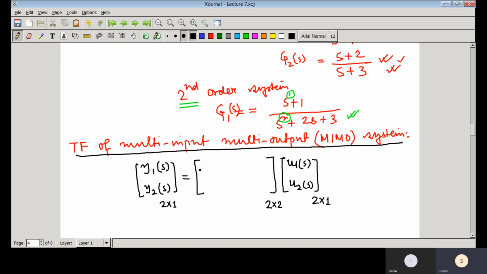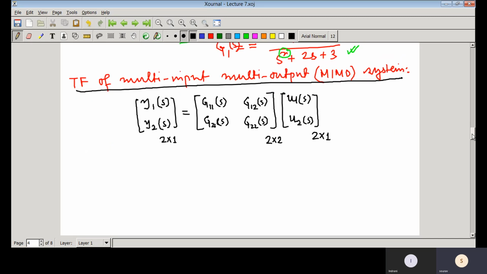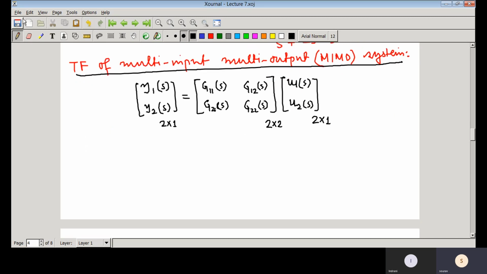If you have 2 inputs and 2 outputs, the transfer function matrix dimension is 2 cross 2. And here you can see that this is a 2 cross 2 transfer function matrix, and all the elements are transfer functions, G11(s), G12(s), G21(s) and G22(s). For example, you have Y1(s), Y2(s).